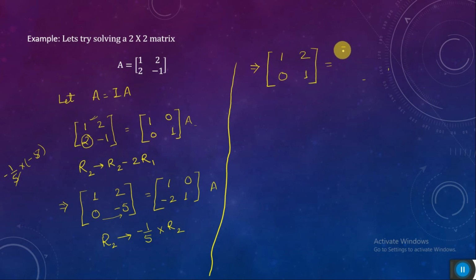And the same operation you have to apply here. Row 1 will not change, so minus 1 by 5 into row 2, so minus 2, which is 2 by 5 because minus minus is plus. And here it will be minus 1 by 5 into 1, so this is minus 1 by 5.